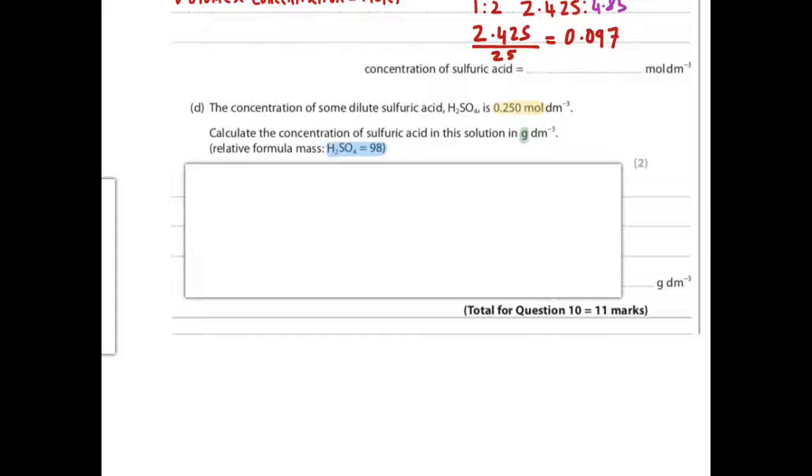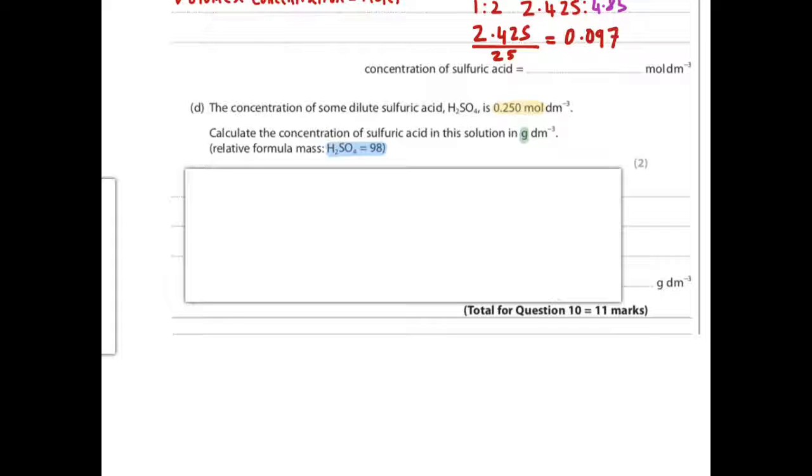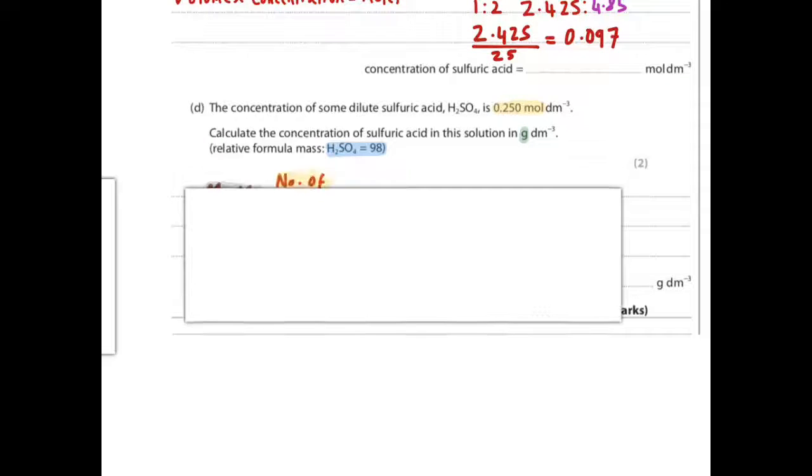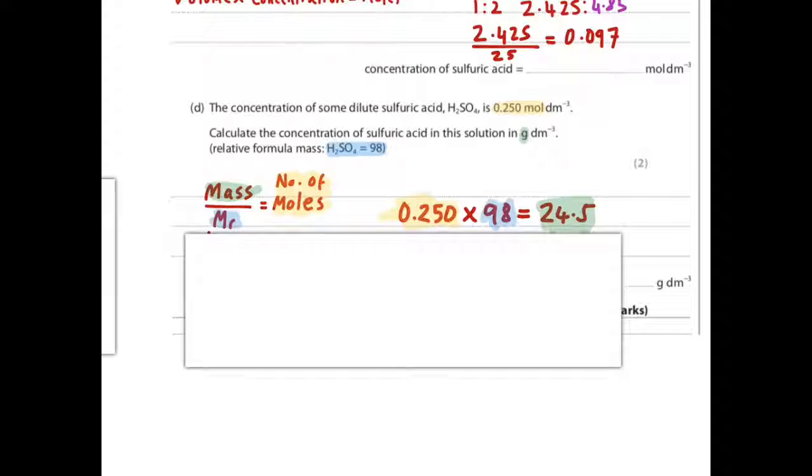Calculate the concentration of sulfuric acid in this solution in grams. So what we've been given here, without maybe realizing it, is the number of moles in 1 dm³, and we've been given the formula mass. So what equation links grams, moles and formula mass? Well, it's the only equation you really use to do with moles, which is mass divided by formula mass equals number of moles.